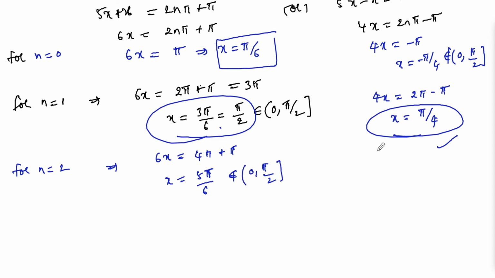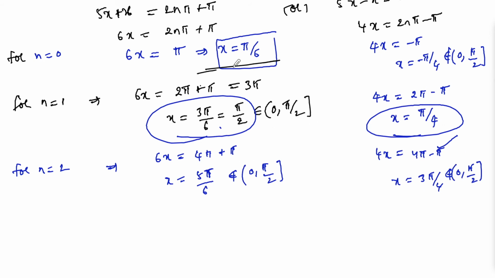Similarly here also for n is equal to 2, 4x is equal to 4 pi minus pi, that is x is equal to 3 pi upon 4, which also does not belong to 0 to pi by 2.